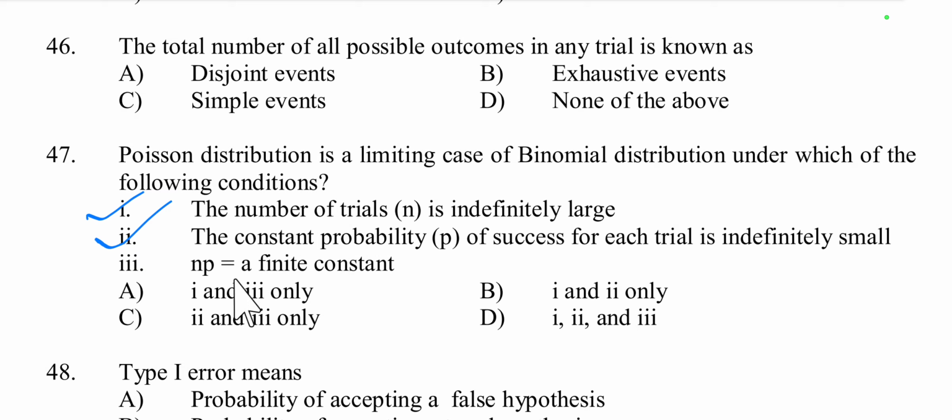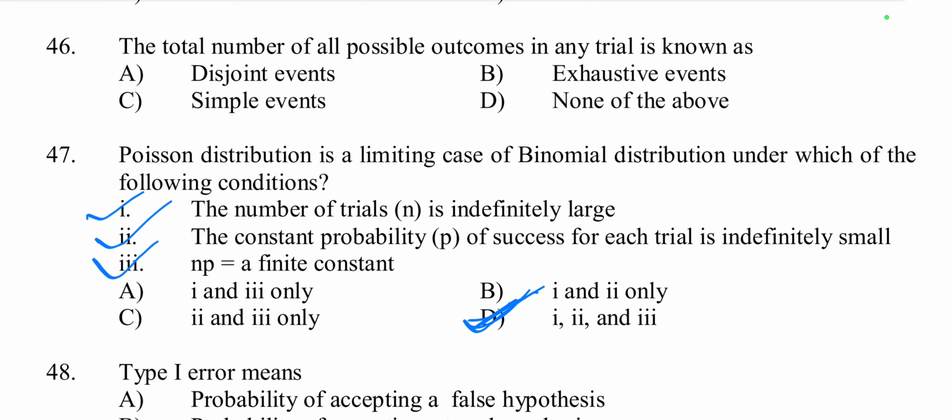And np is equal to a finite constant, lambda. Yes, this is also correct, because n is infinitely large, p is equal to 0, and np is a finite constant, so the binomial becomes Poisson. So all of the above is correct.